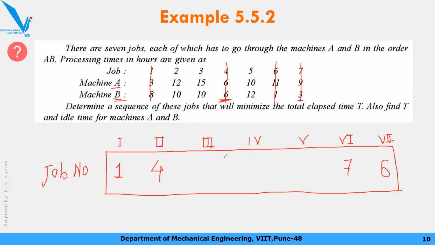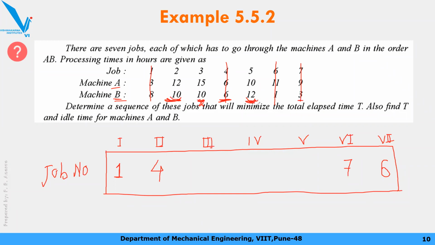I'll cross this out. Now again there is a tie between these two values, and here also 3 times there is a tie. You can work with any one. 3 is the maximum time, so don't consider that right now. Look at job sequence, job number 2 and job number 5.